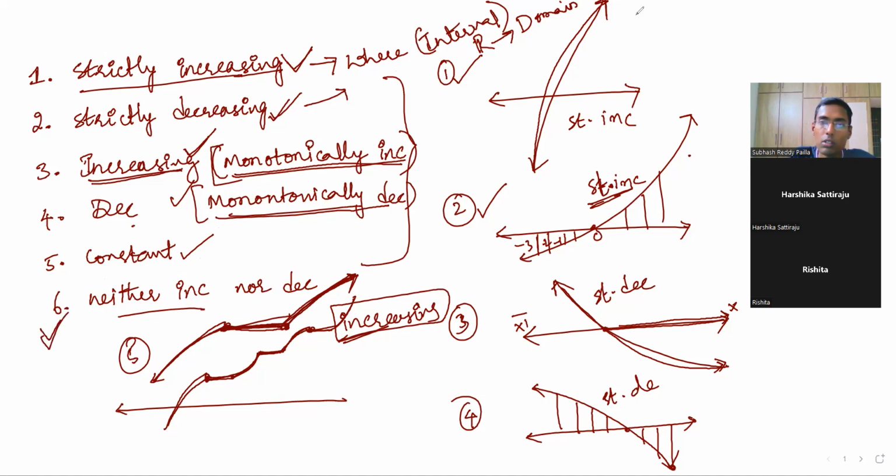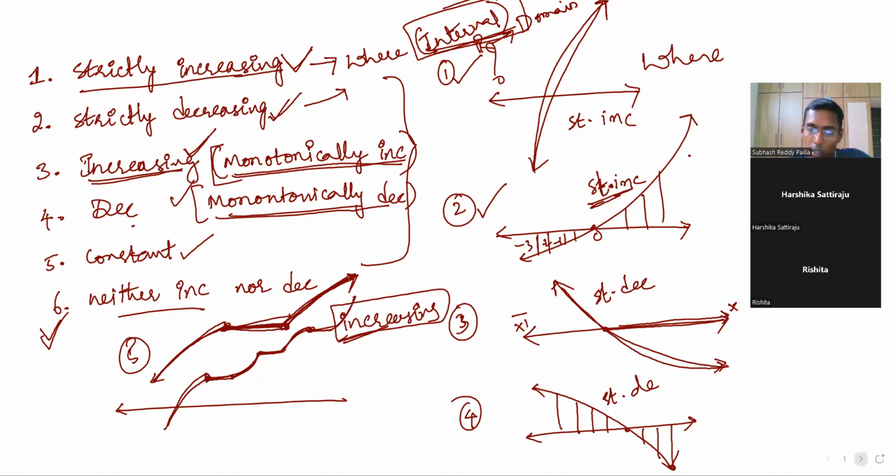Where is the question: in which interval it is increasing, in which interval it is decreasing. That's the point. Understand?